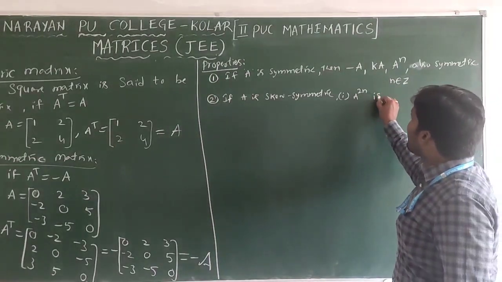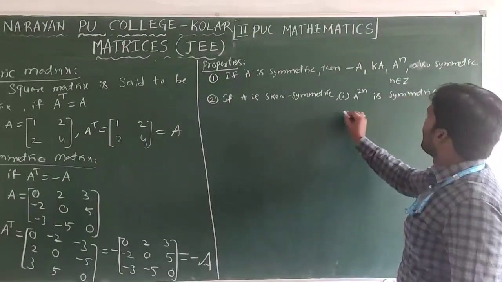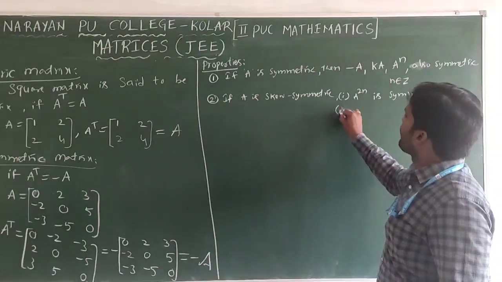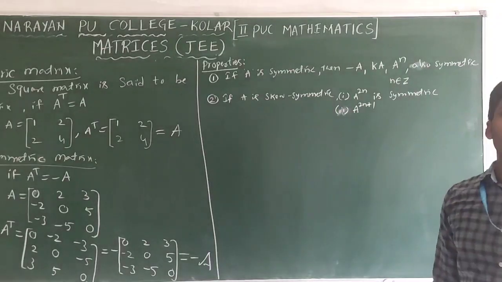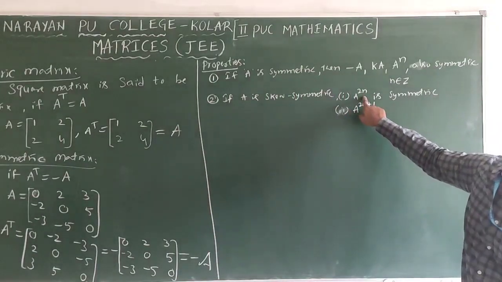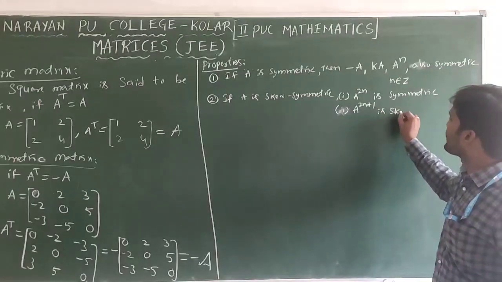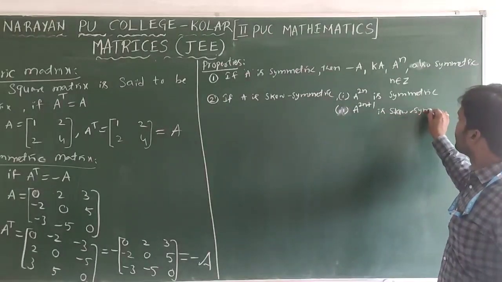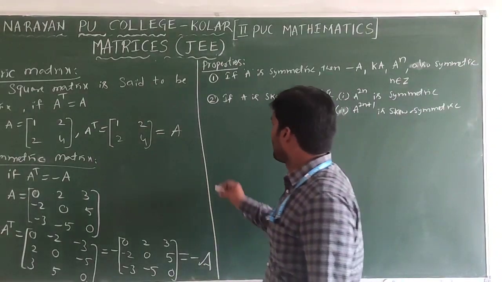A power 2n is symmetric, not skew symmetric. And similarly, A power 2n plus 1, where 2n plus 1 becomes an odd number, is skew symmetric. When A is skew symmetric, A power 2n is symmetric, and A power 2n plus 1 is skew symmetric.